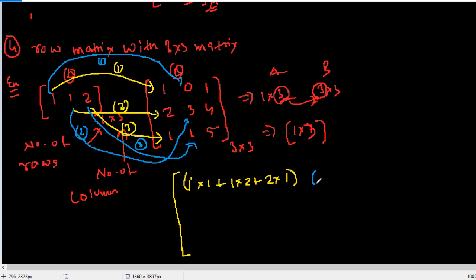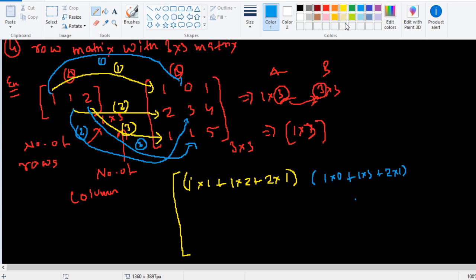So this one becomes something like that. It comes out to be 1 into 0 plus 1 into 3 plus 2 into 1. Clear?